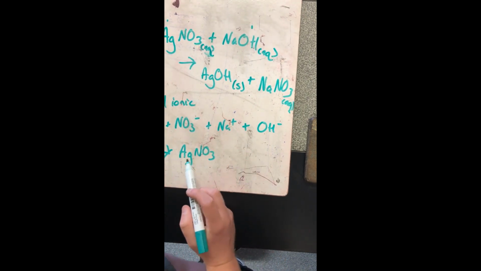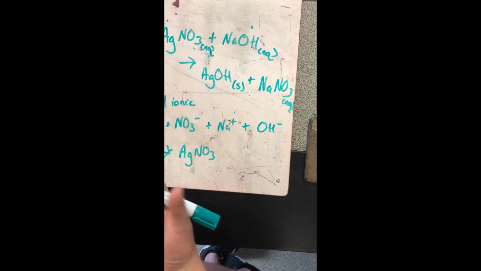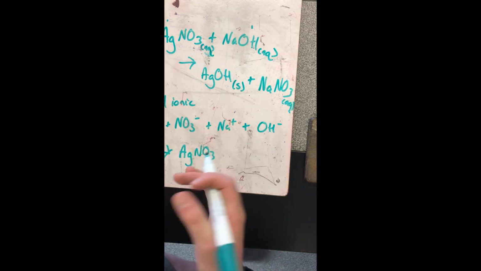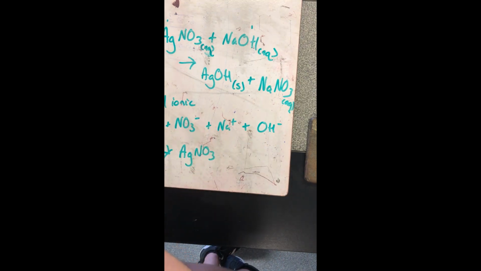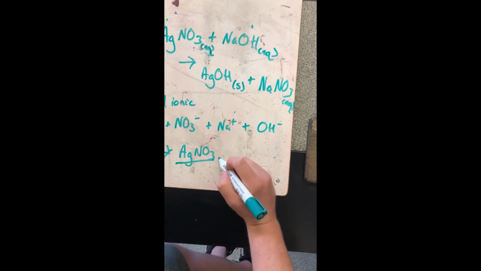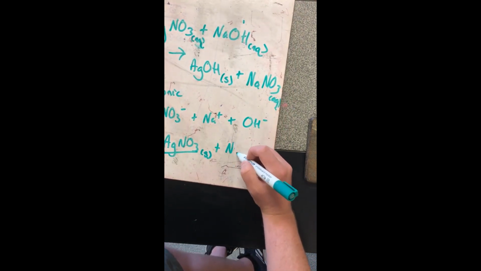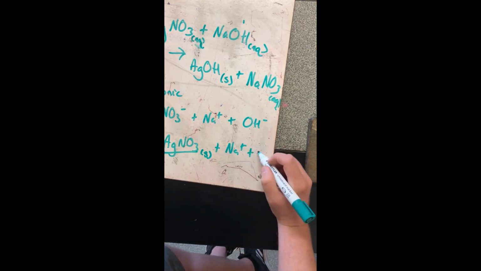The reason is that it is now an insoluble compound, which means it's no longer an ion because it's no longer in solution. You could use something else besides water, like ethanol, to make it dissociate into its ions, but in water it does not work. So it stays like this because it is a solid, and what's left over is the Na plus and the NO3 negative group.